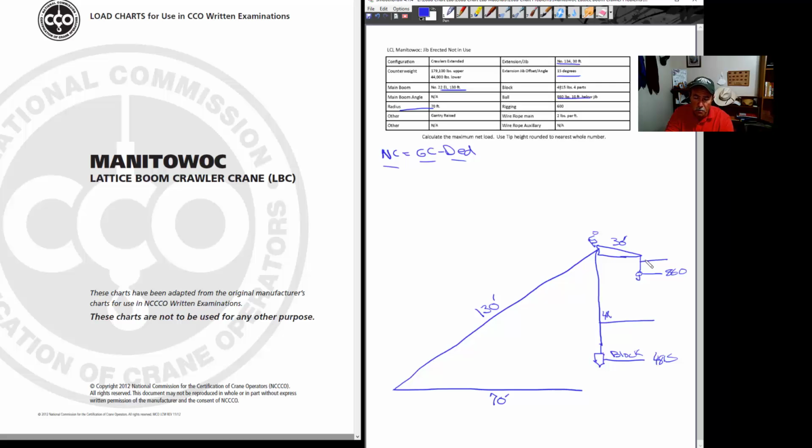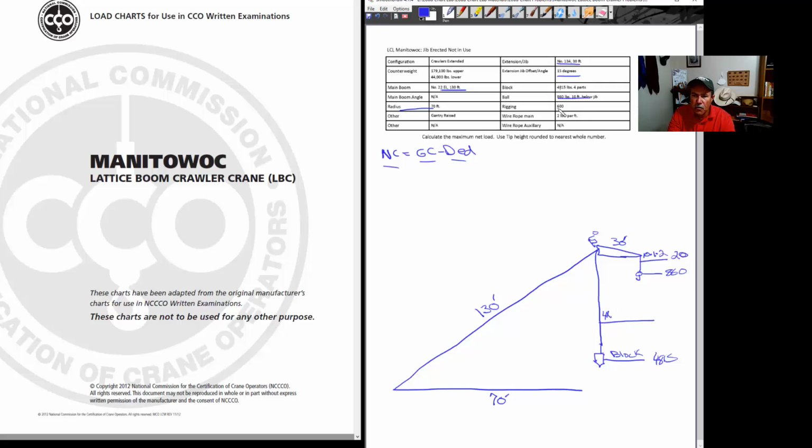It's going to be a small number, but we still have to account for it. So we have 10 feet, and there's only 1 part of wire rope, so it's going to be 10 times 1. And each foot of that wire rope weighs 2 pounds. So it's going to be 10 times 1 times 2, or 20 pounds is the deduction weight for that wire rope.